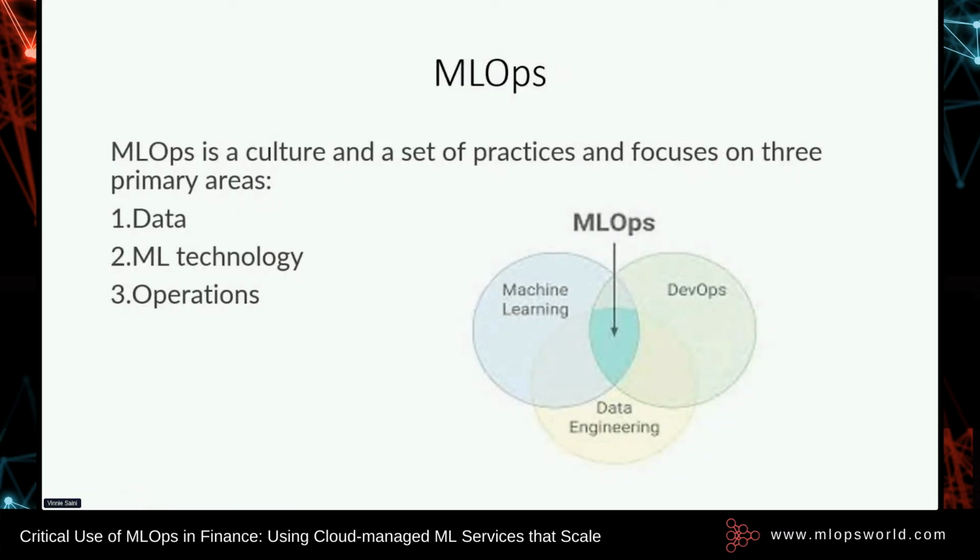And all of us who are familiar with DevOps understand that MLOps represents a natural extension of existing practices, like CI/CD, continuous integration and continuous deployment, or automated software deployment, in our machine learning systems.